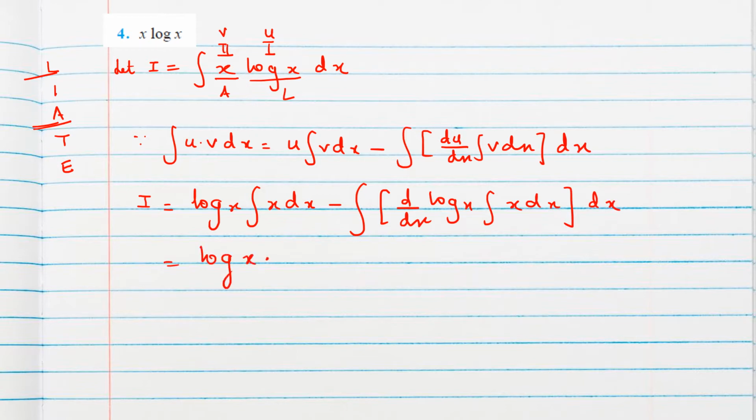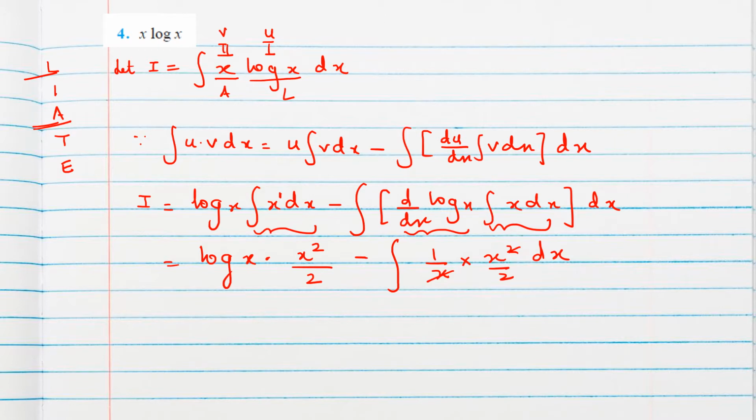For this integral we can apply the power rule, since x power 1, so we will write x square divided by the same power. This integration will keep the same. First we will solve the inside expression. So log x derivative is 1 by x, integration of x is x square by 2. Now here we can cancel one power.